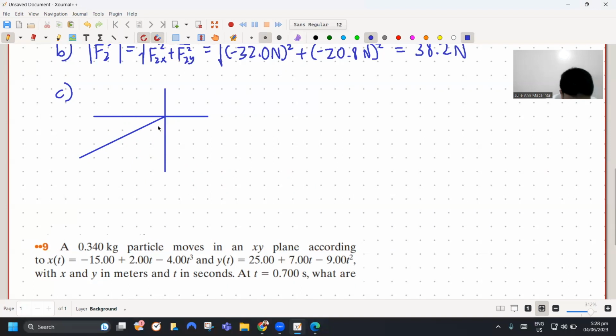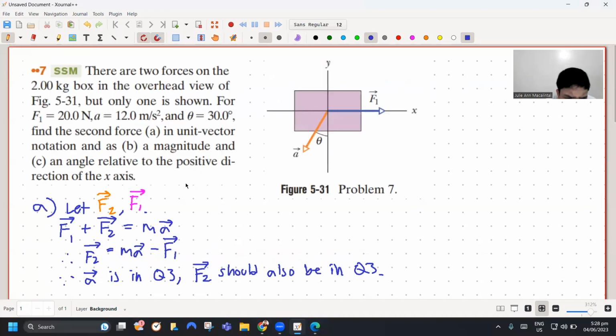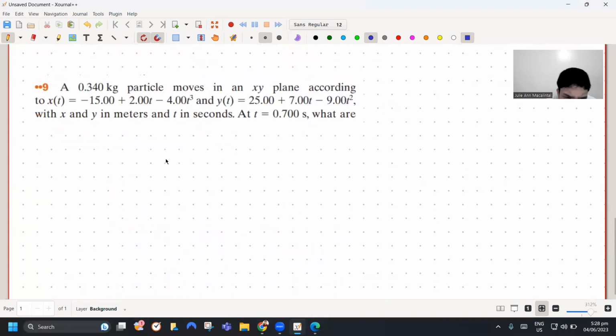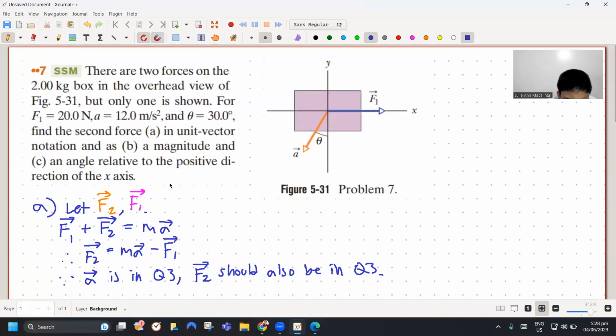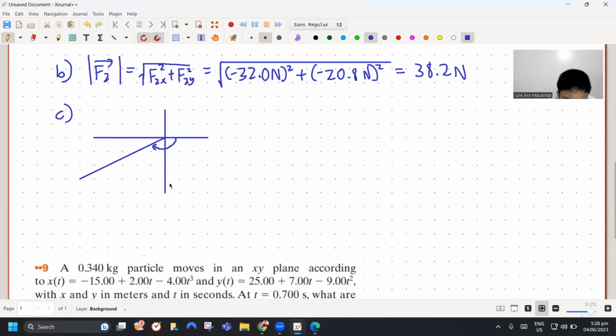Tapos, ano yung angle na kailangan natin? Pwedeng i-mark mo dyan sa figure na yan. Makes the angle relative to the positive x-axis. Ano yung conventional na measured? Min-measure natin counterclockwise, di ba? Ayan.